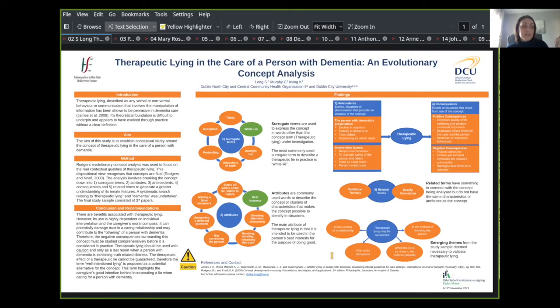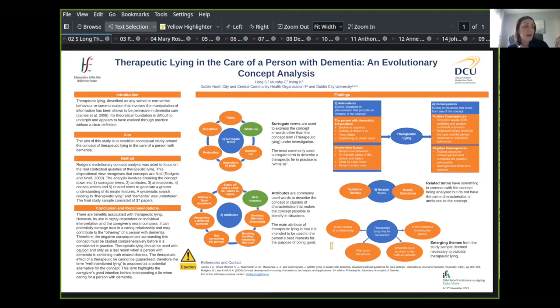The first step of this process is to identify surrogate terms. There were 6 surrogate terms for therapeutic lying discovered. Surrogate terms are used to express the concept in words other than the concept itself. The 6 surrogate terms were white lie, outright lie, omission of truth, pretending, deception, and tricks. Examples of lies in this area, just to quote one person's qualitative research piece: he wanted the car keys.